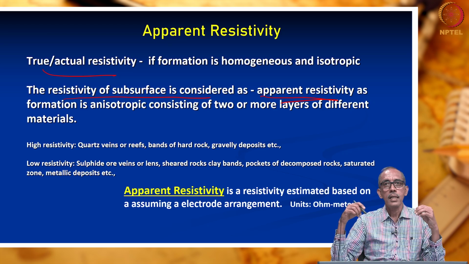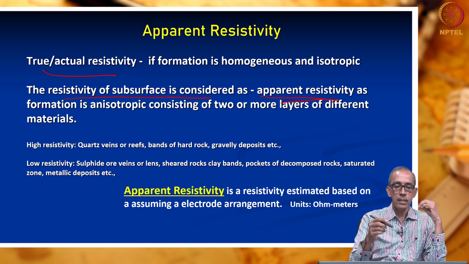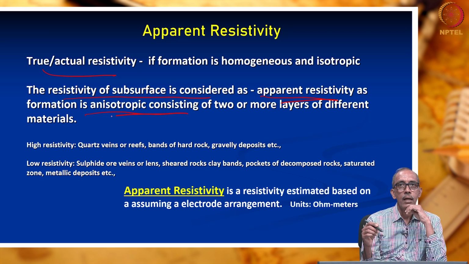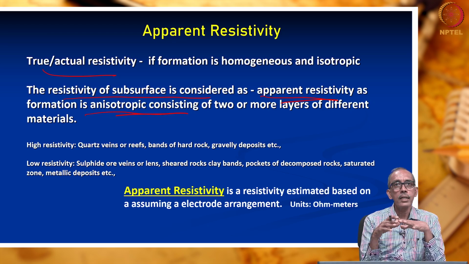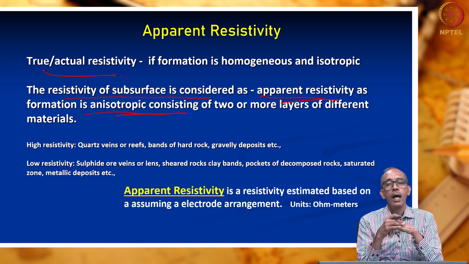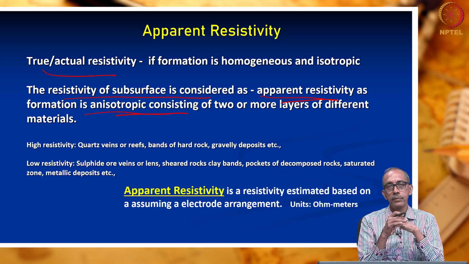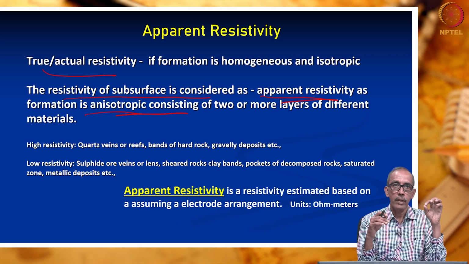Why? Because beneath the surface of the earth, the formation is anisotropic. That means properties are not the same everywhere, and the subsurface of the earth may consist of many layers of different materials. So we are unable to measure the true resistivity in the field, right?